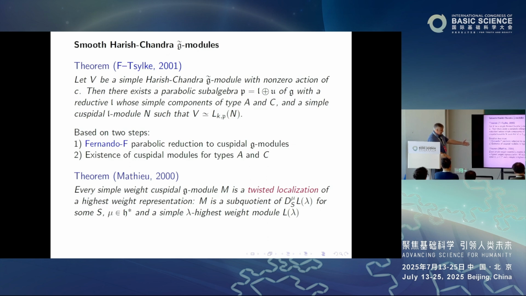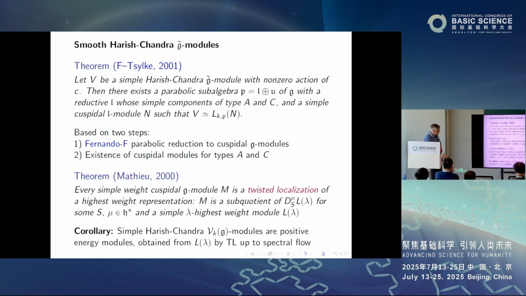The answer is that any such simple module is a subquotient of the application of a certain functor D_S^mu to a highest weight module with highest weight lambda. And then the classification of all simple Harish-Chandra G tilde modules is done.